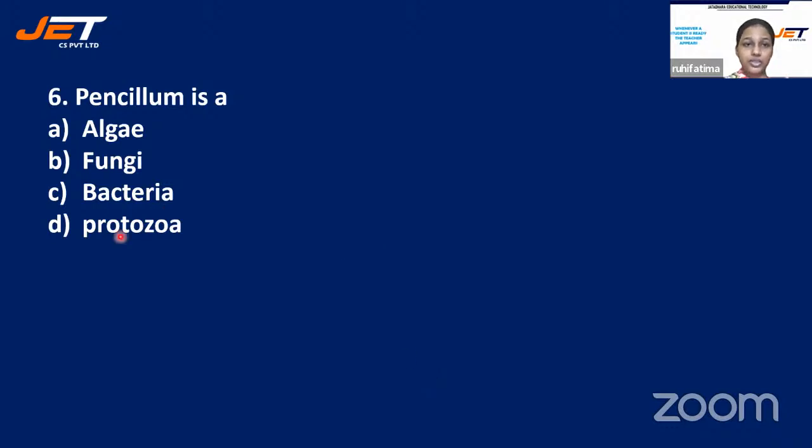You can try, students. At least if you are wrong, no issues. Okay, time's up, students. And the correct answer is fungi. Penicillium notatum is the full name and it is a fungi.